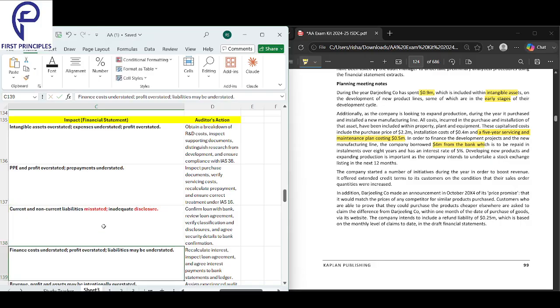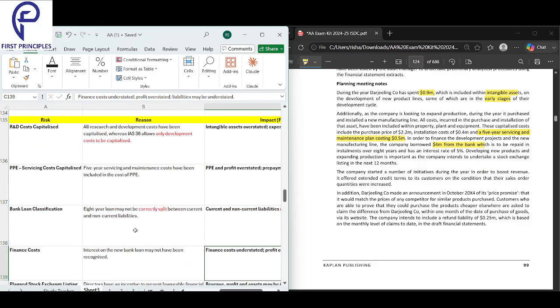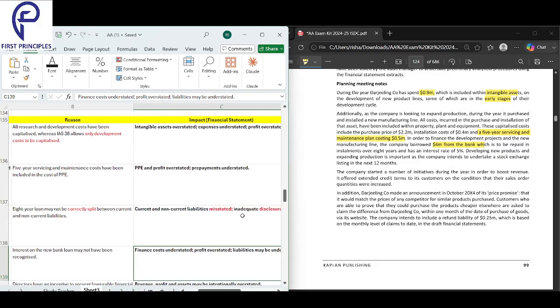So also, you have not disclosed. The 8-year loan may not be correctly split between current and non-current liability. The split might be incorrect.